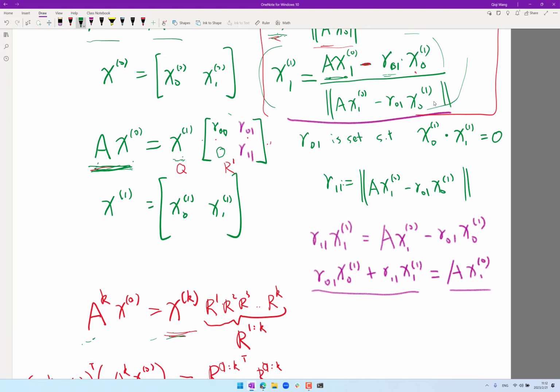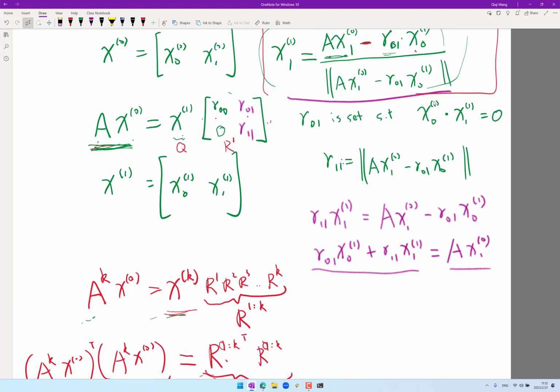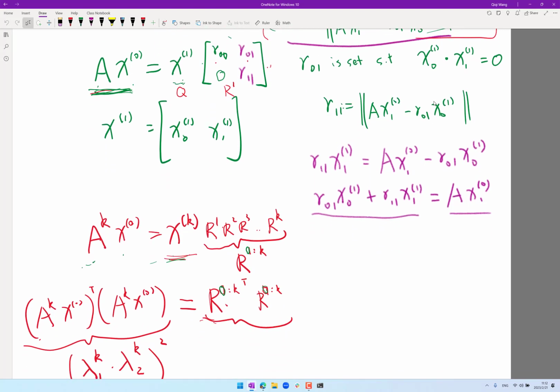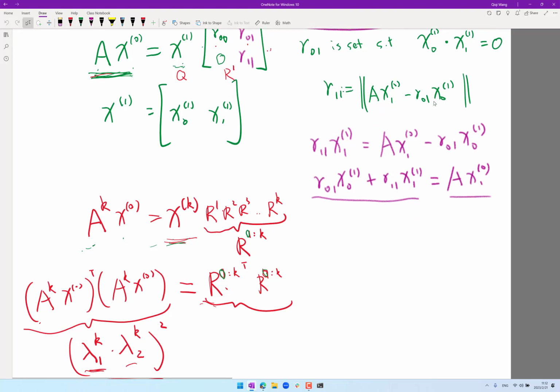Every time you multiply, you get a new upper triangular matrix on the right hand side. So let me denote it 0 to k, so that this is the transformation matrix from x0 to xk. This is going to help you compute the product of the two leading eigenvalues.